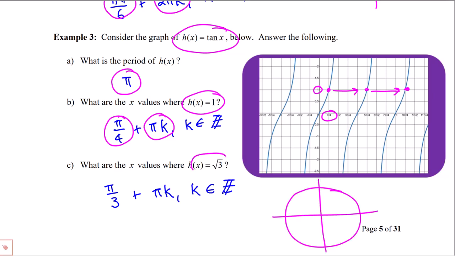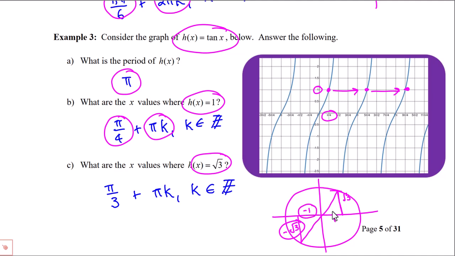So when is tangent root 3? Well, tangent is y over x, so the big has to be the y, that's the root 3, and the x has to be 1. And if I go down here into the third quadrant, I can have -1 and negative root 3. The y over the x will still be root 3.